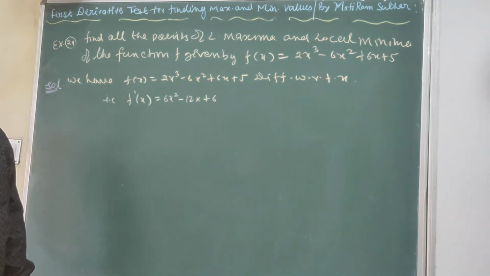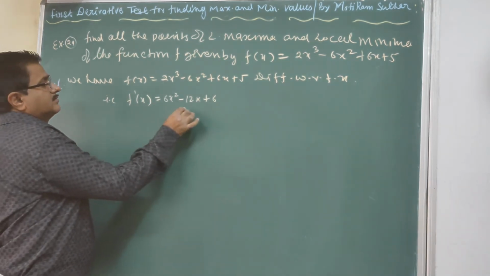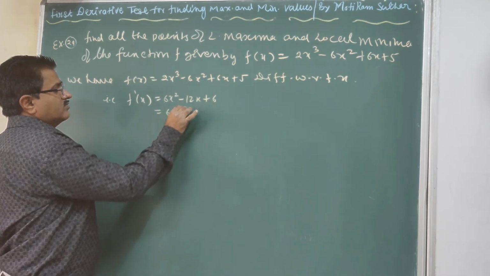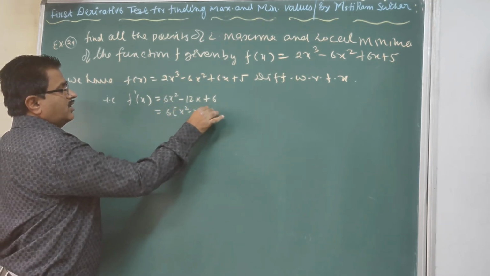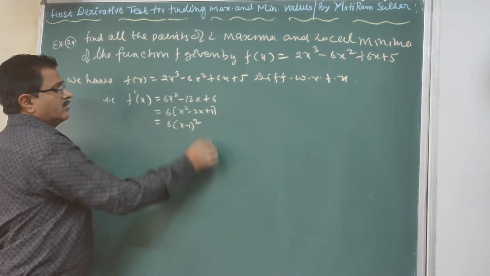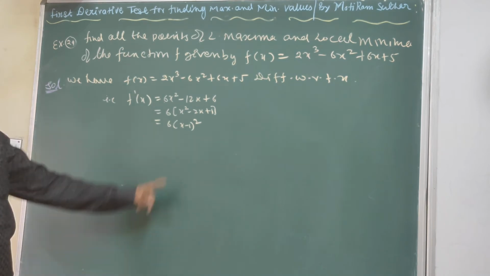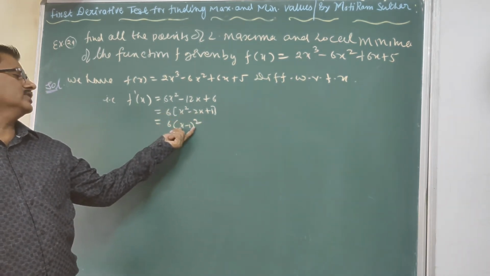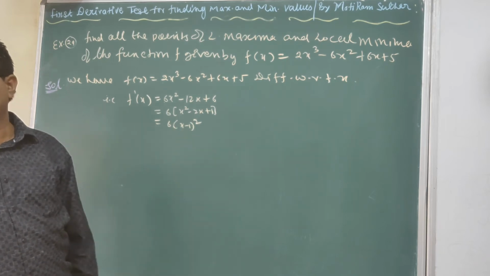Now we take 6 common. So this is x square minus 2x plus 1. Now we write it in factor form or by completing the square. This x square minus 2x plus 1 is equal to x minus 1 whole square.